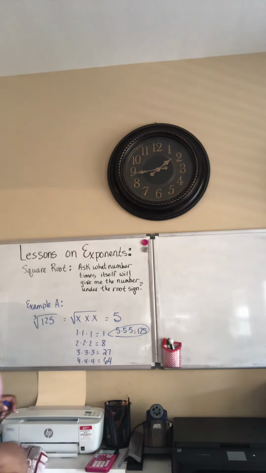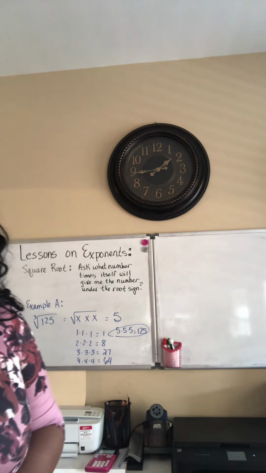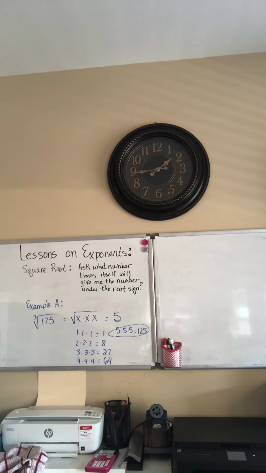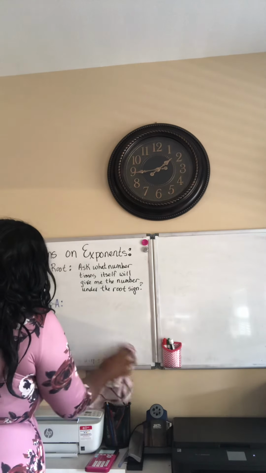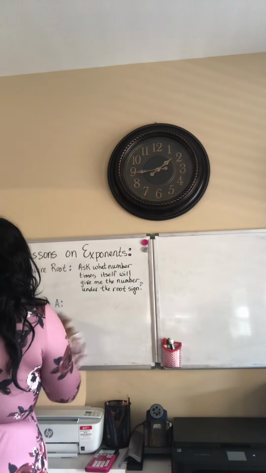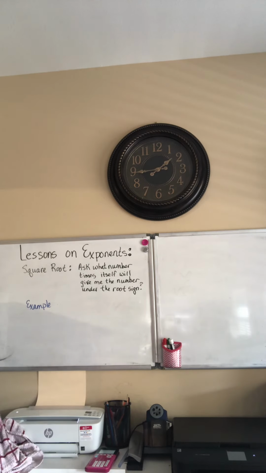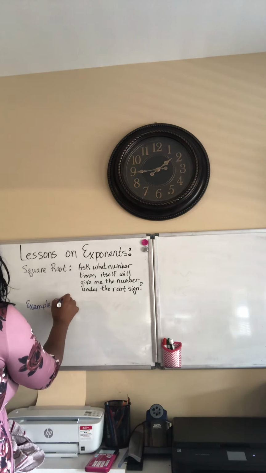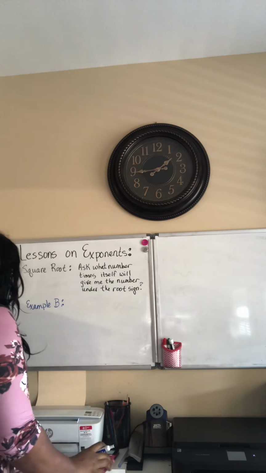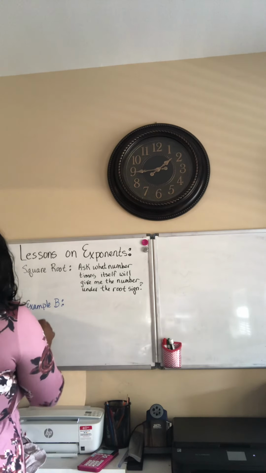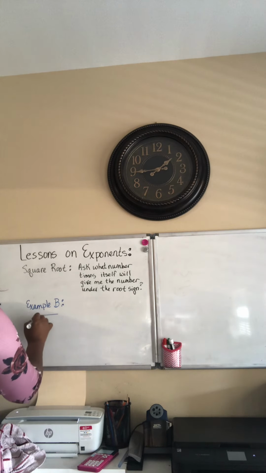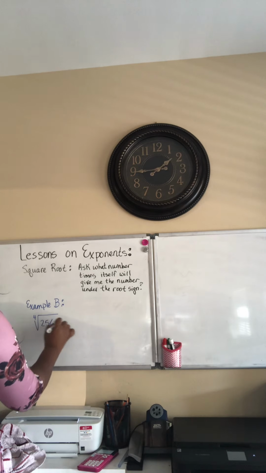Okay. So, I do want to show a concept that is a little bit more tricky to work through and give you a strategy for how to do it when you're dealing with numbers that are not perfect cubes or perfect squares, etc. Okay, so we're going to call this one example B, and let's say we have the fourth root of 256.